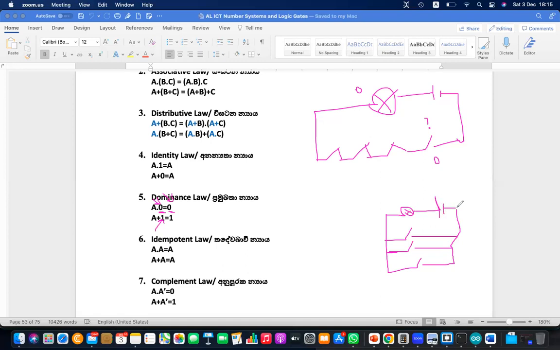Here, if you close at least one, no need to consider the other things. Automatically the bulb will work because the circuit is complete. Here also the same, right? A or 1: if one is there, no need to worry about the other things. All will become 1. That is what the domination is.